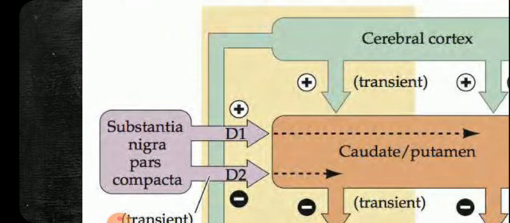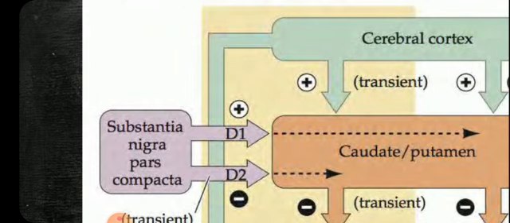But you can see that the receptor for this dopamine, for the direct pathway, is the D1 receptor, and on the indirect pathway, this dopamine is going to act through the D2 receptor.